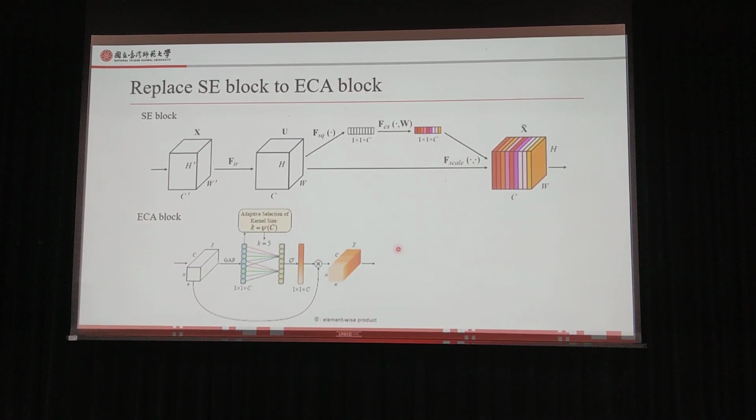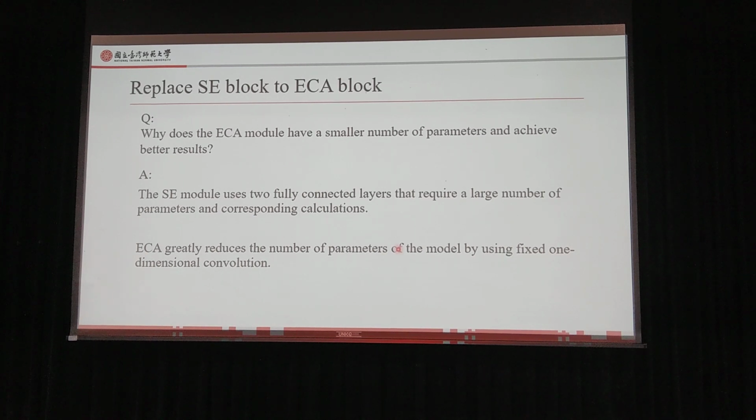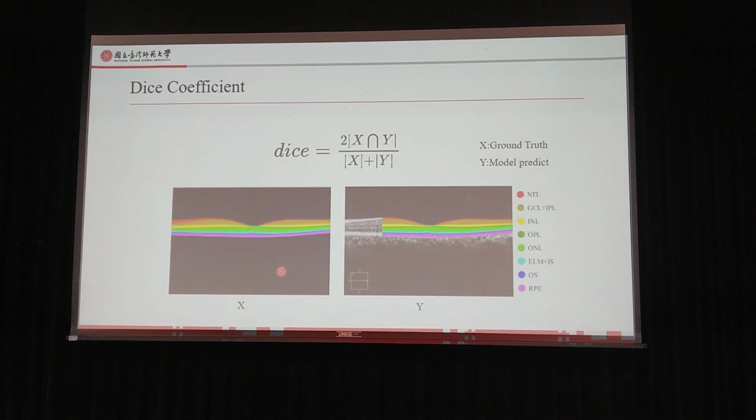The reason is that SE modules use two fully connected layers, which require a large number of parameters and calculations. But ECA only uses a one-dimensional convolution, so the model has fewer parameters. So we replace this part with an ECA block to get a better result in our model.